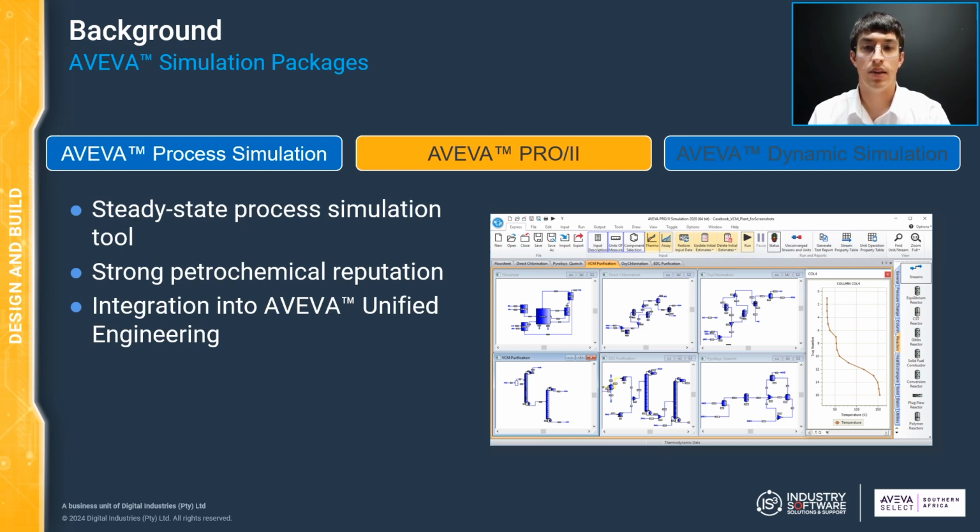It also integrates seamlessly with AVEVA Unified Engineering to assist process engineers and project teams to produce designs quicker and with more accuracy. It does, however, not handle transient simulations, and this is where AVEVA Dynamic Simulation fills the gap.